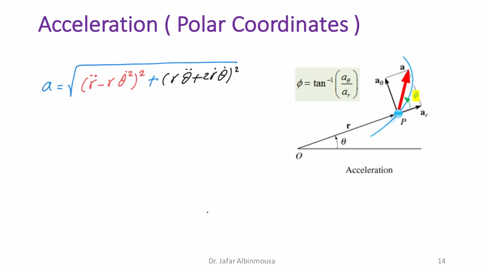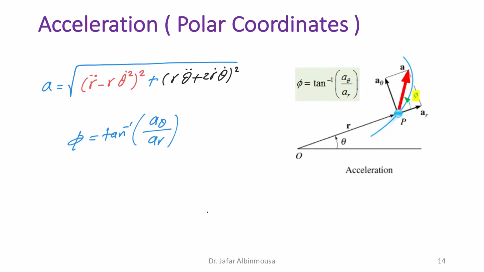What remains over here is the angle. If we want to find phi, which is the inverse tangent of a theta over ar, this angle is found by taking the opposite, which is a theta, divided by the adjacent to the angle, which is ar.